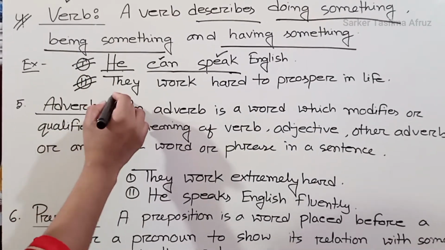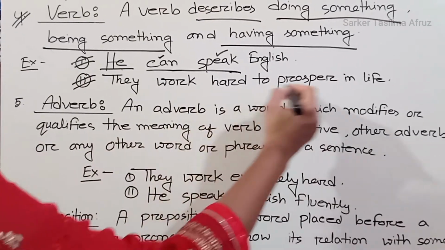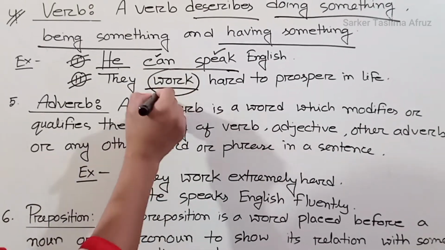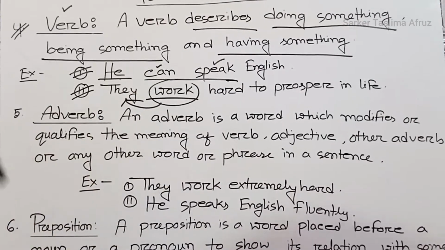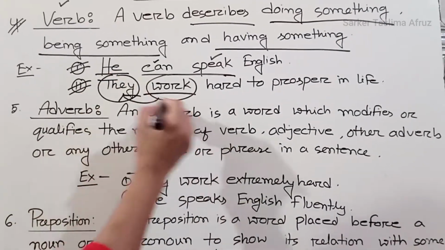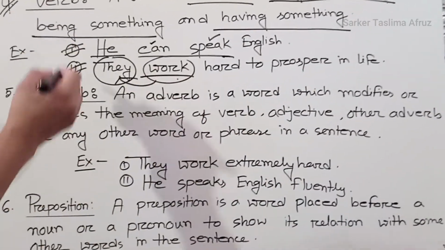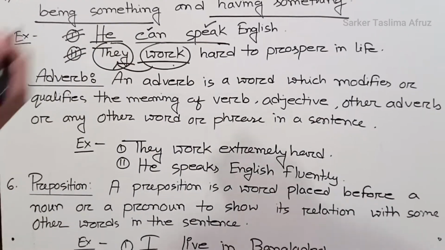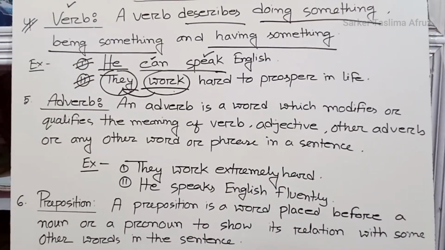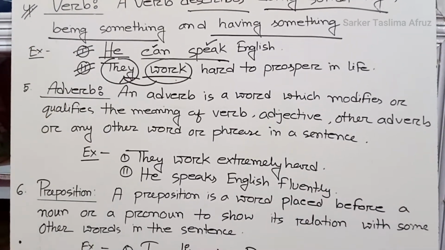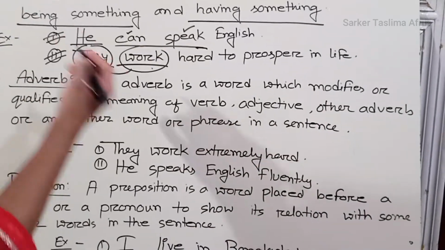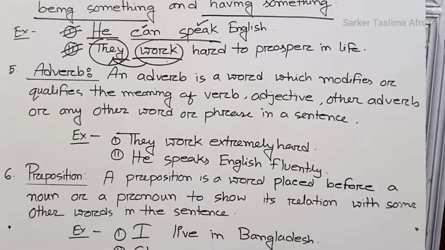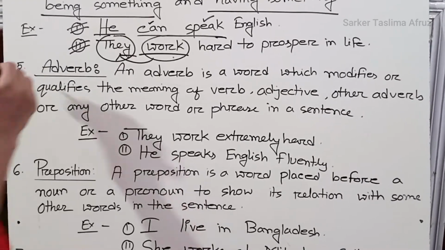Again, we can see, they work hard to prosper in life. They work. So it's an idea about they, and it's a verb. So I hope you understood about verb, which is very important for a sentence, and it has extra benefits in a sentence. Well, dear students, next comes adverb.